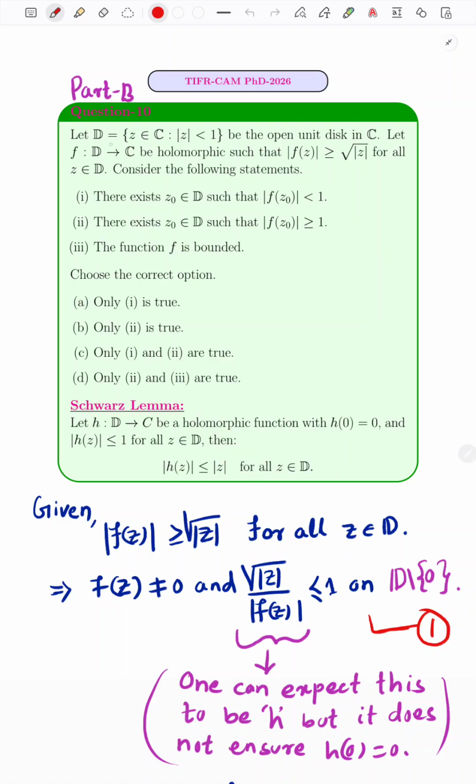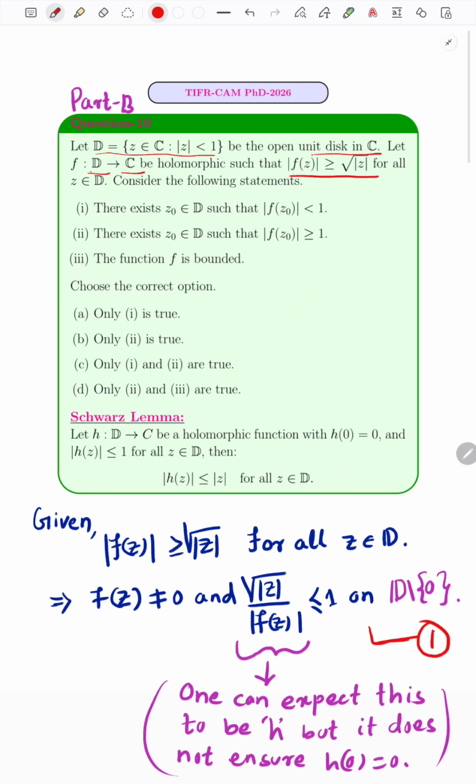Here D is the open unit disk in the complex numbers C, and f is a holomorphic, meaning analytic, function from D to C that satisfies the inequality |f(z)| ≥ √|z| for all z in the open set D.